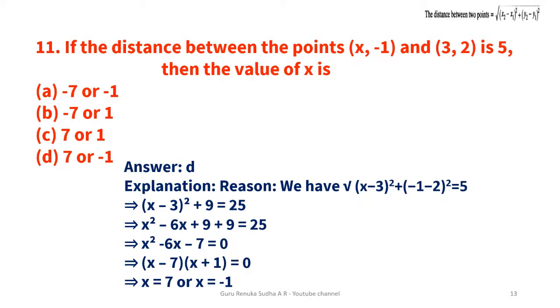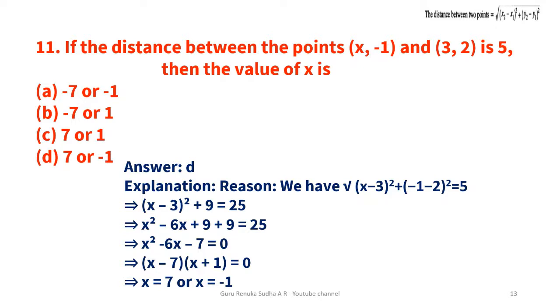If you shift the root, 5 square it will become 25. So that's why it is written like that in the second step. And after calculating, you know that x square minus 6x plus 9 is equal to 25. After calculating 25 minus 18 like that, minus 7 you will get. So in that way you will get the answer.